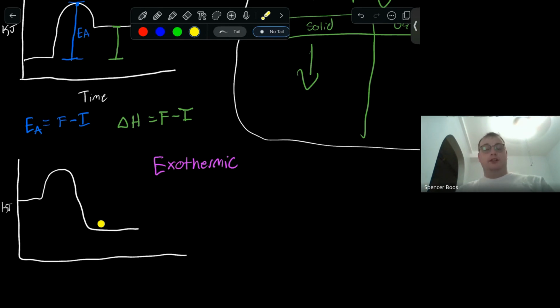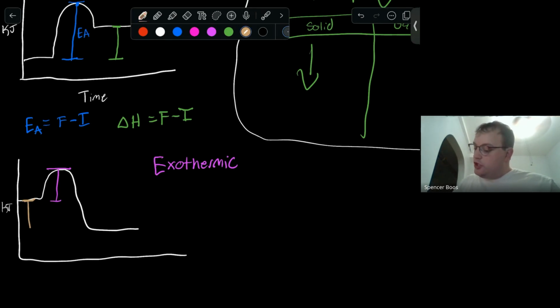On a more technical definition, the reaction loses energy as it goes through. Your EA is smaller this time, right? This would be your EA here. And your delta H would be that one. So this would be your delta H, and this one would be your EA.